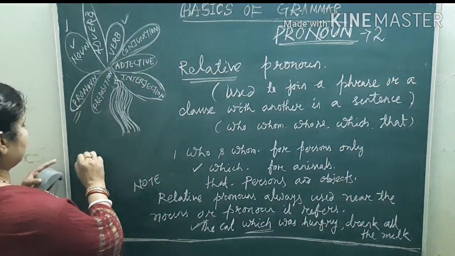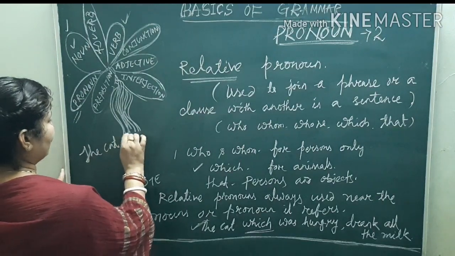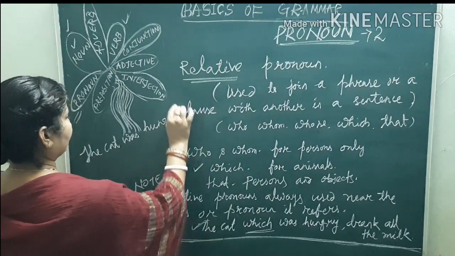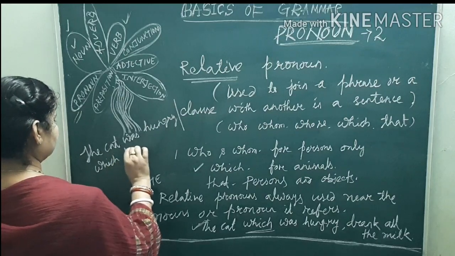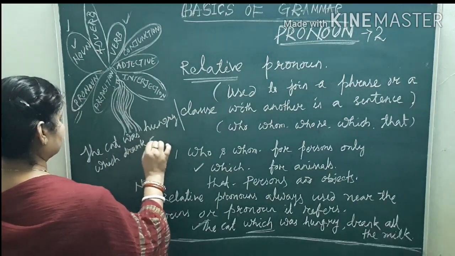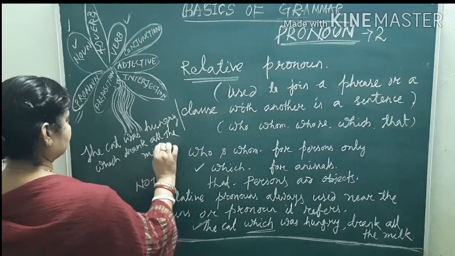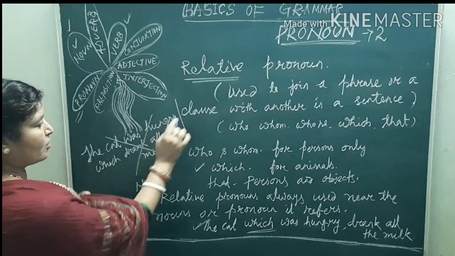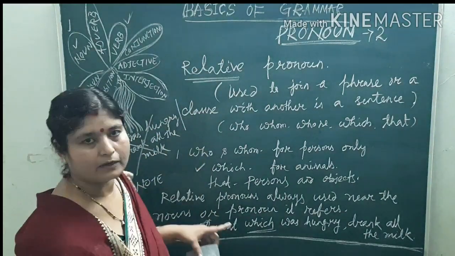The cat was hungry which drank all the milk is wrong. It is not the correct way to join two sentences together with the help of a relative pronoun.